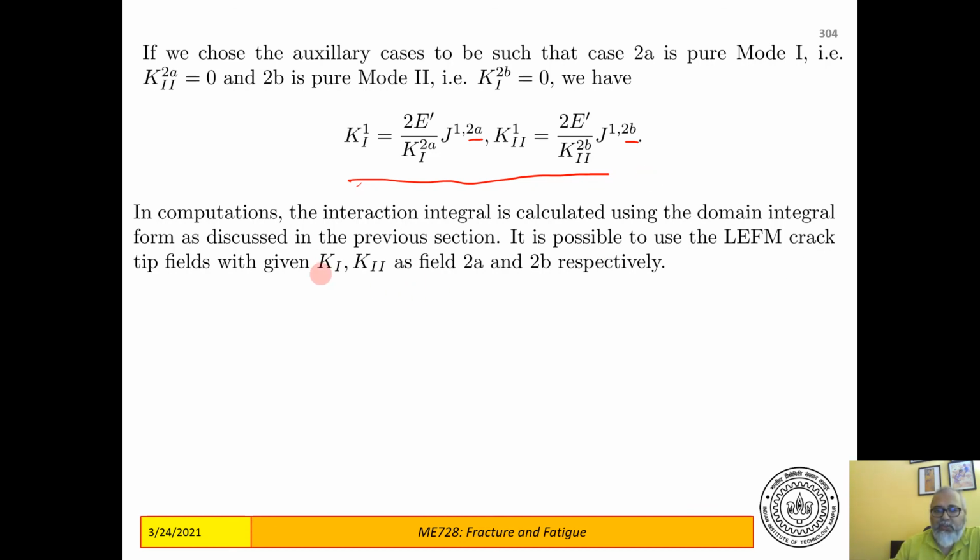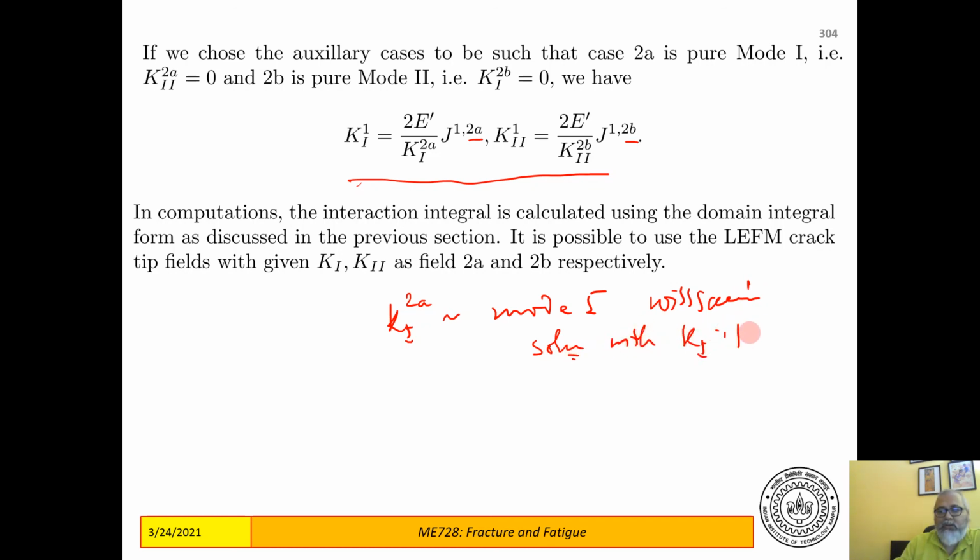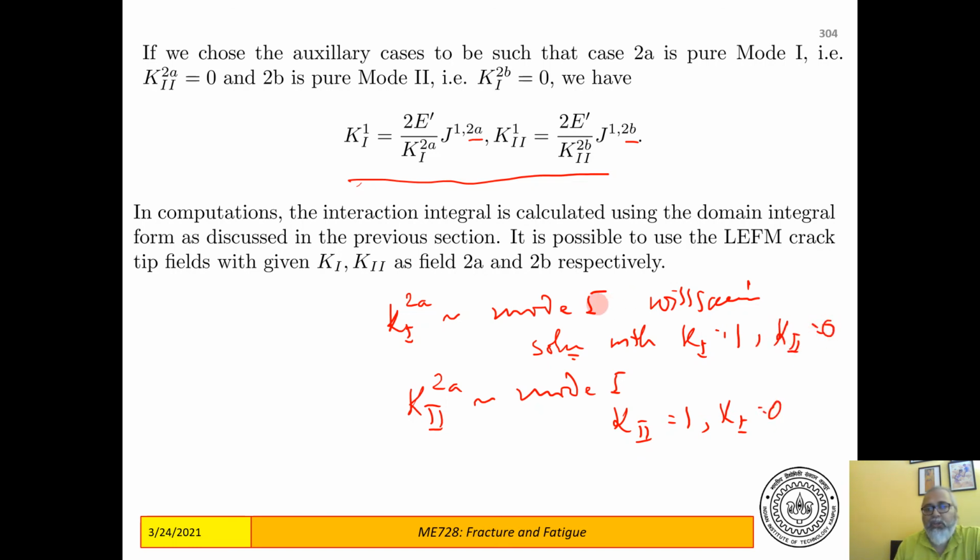So first we can use as 2A the mode 1 Williams solution with K1 equal to 1, and for 2B we can use the mode 2 Williams solution with K2 equal to 1, K1 equal to 0. Here K2 is equal to 0.